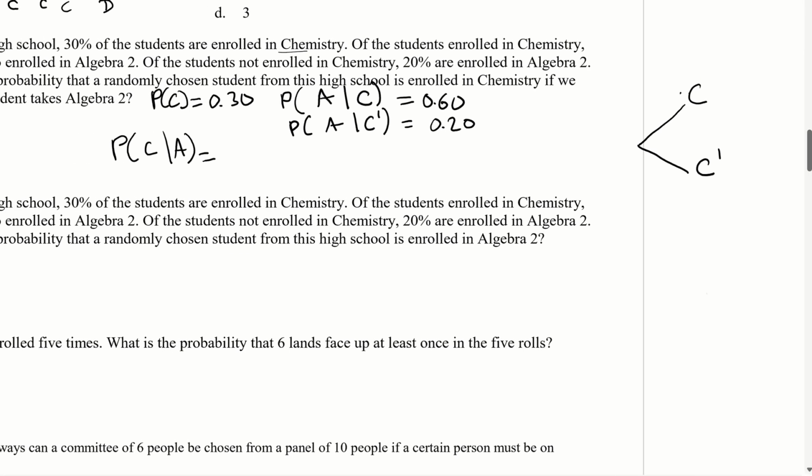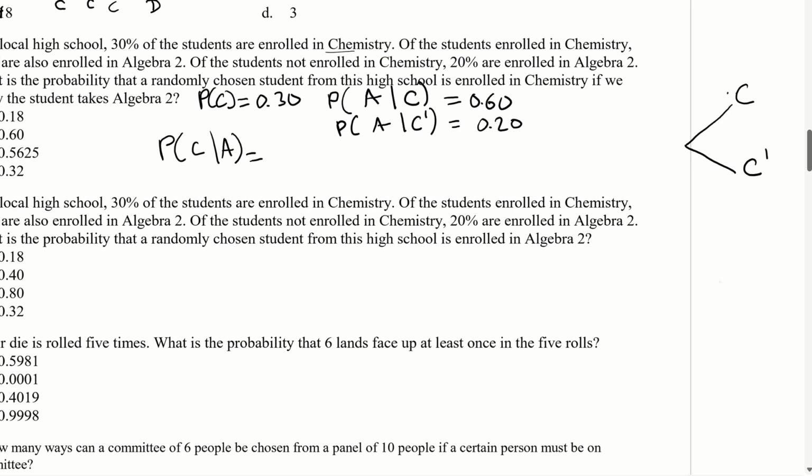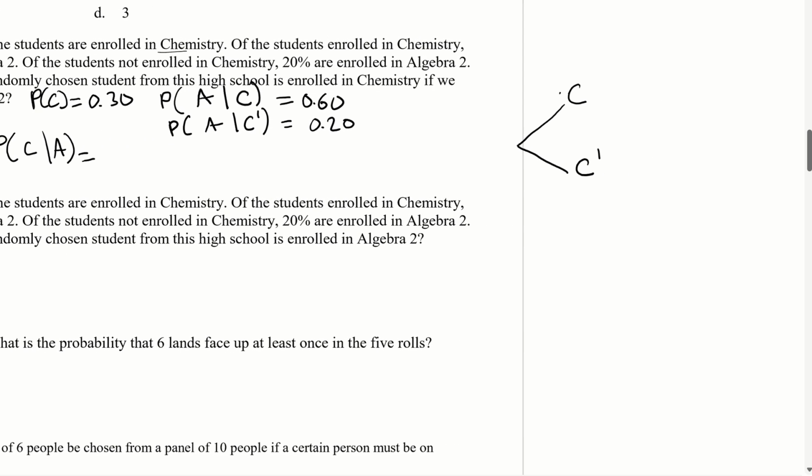So here they're saying 30% of the students are enrolled in chemistry. So that's 0.30, and then 0.70 are not. And then we can say Algebra 2 or not Algebra 2. In this case, the probability that they're in Algebra 2 given chemistry is 0.60.